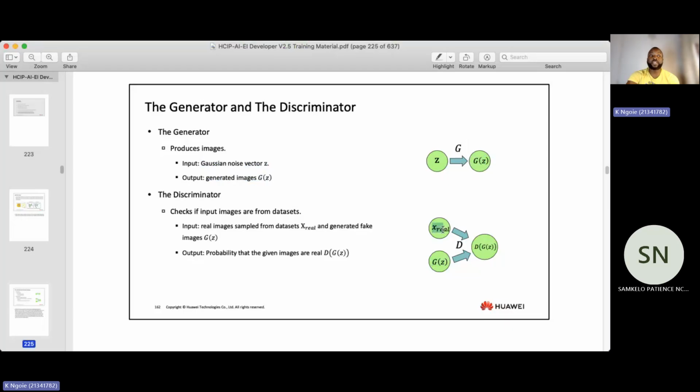So the discriminator will take the real data that you provided and the fake data that was generated by the generator. And then it's going to distinguish the fake from the real. All right. So the output of the discriminator will be a probability that the given image is real or fake.